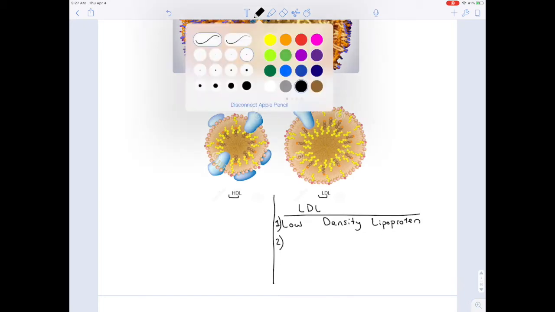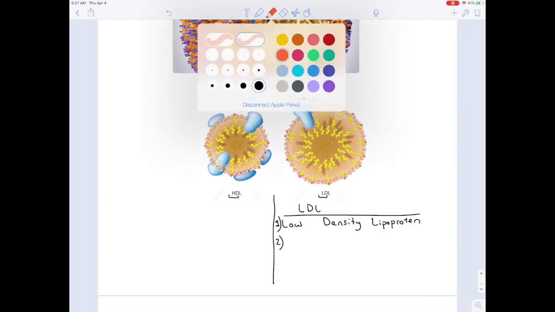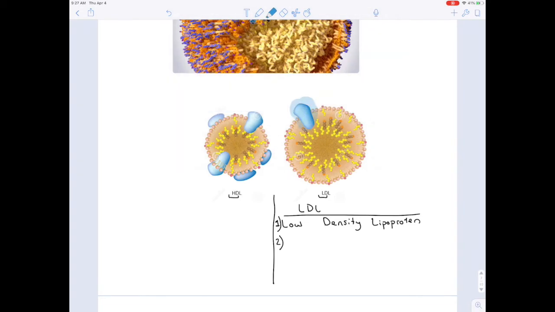In this diagram, the protein is in blue, and the fat is sort of in this brown yellow. So you can see that a low-density lipoprotein, compared to a high-density lipoprotein, or HDL, has more lipids and less protein. Lipids are less dense than protein, and that's why this lipoprotein has low density.